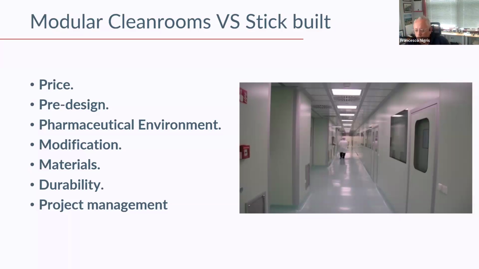So the rule of thumb is cascade in pressure: higher pressure for the cleaner and lower pressure for the dirtier. You need to also consider containment and use of potent product, where you may have to make some different decisions.